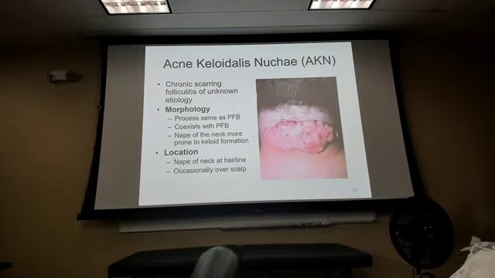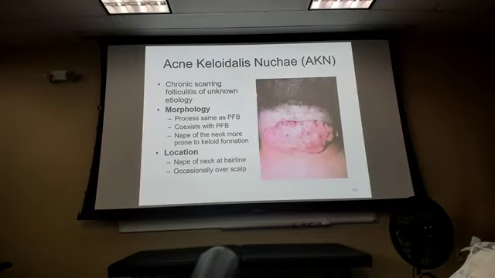Okay? So acne keloidalis nuchae. It's basically a keloid that is out there. You get chronic scarring folliculitis of unknown etiology. It'll present the same as the PFB. It can actually coexist with the PFB, but this is location specific.